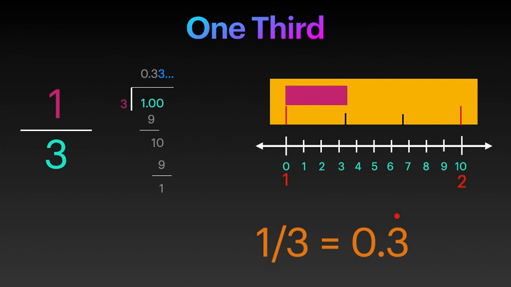Here we come to the final fraction of our consideration. It is 1/3. Please note the representation of 1/3 in the yellow strip. Here the yellow strip has been divided into 3 equal parts. The pink box shows one part out of those 3 equal parts.